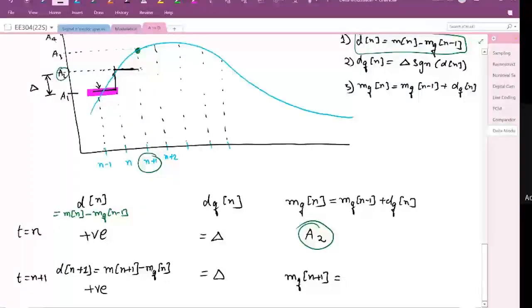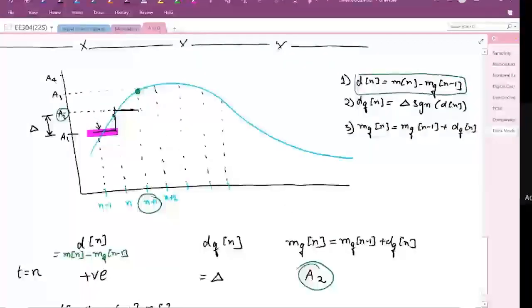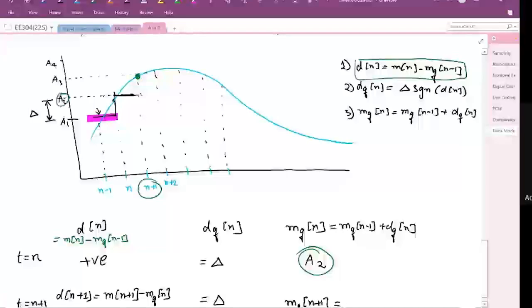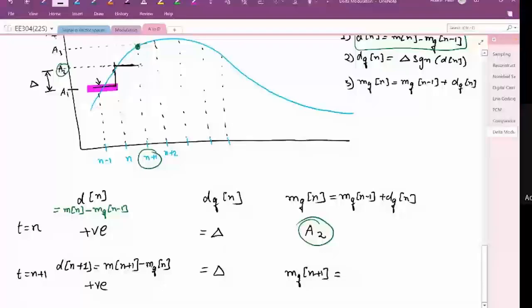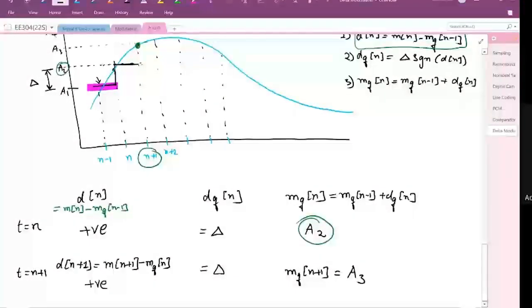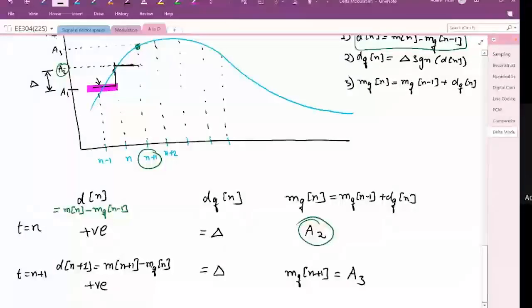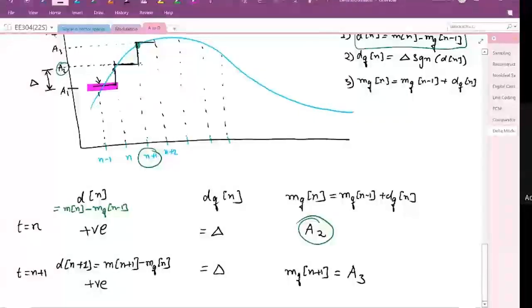So the final level of mqn will be incremented by the del size, and now the final level will be a3. This becomes amplitude level a3. So this will rise up to a3 like this, and it will remain like this. Yes or no? Is this thing correct?